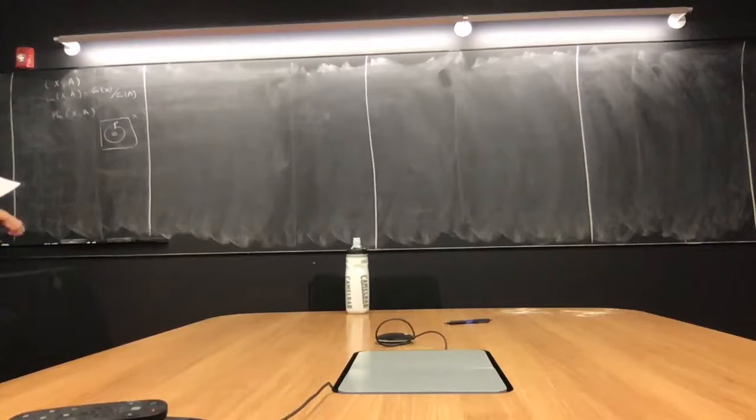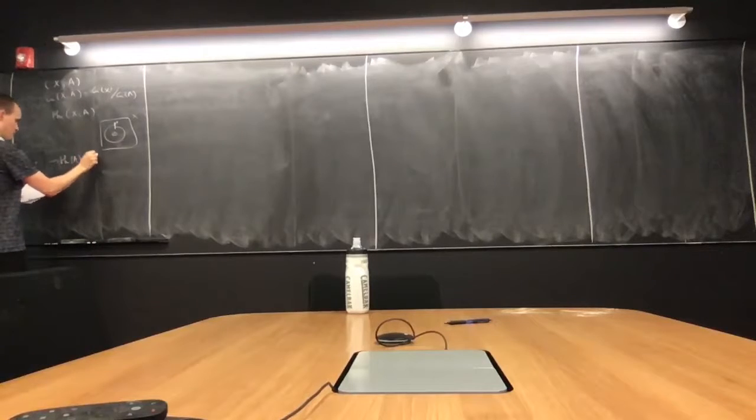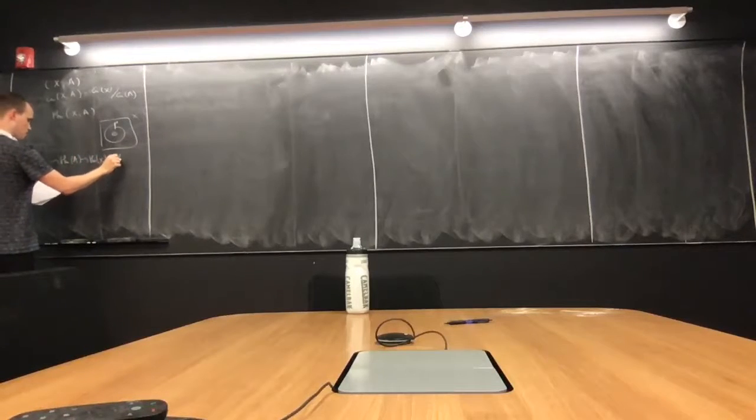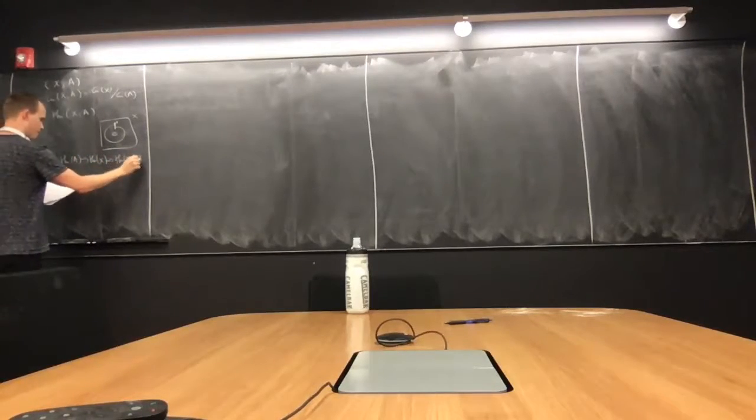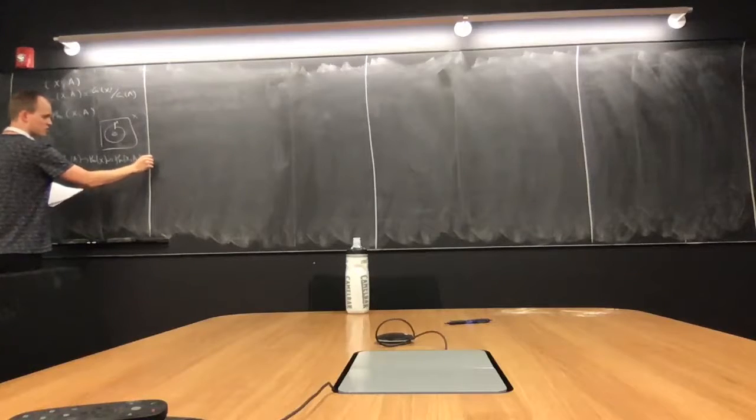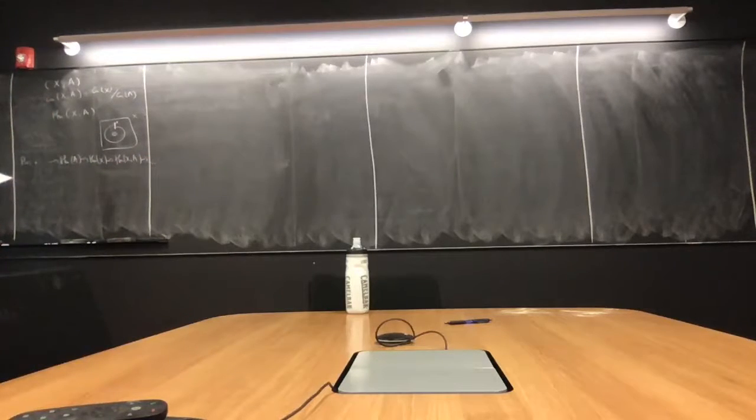Okay, so we had the exact sequence of a pair, which was this, and then n minus 1 instead of n.